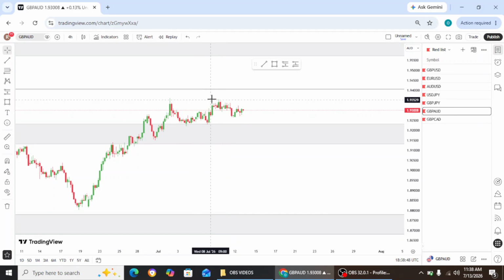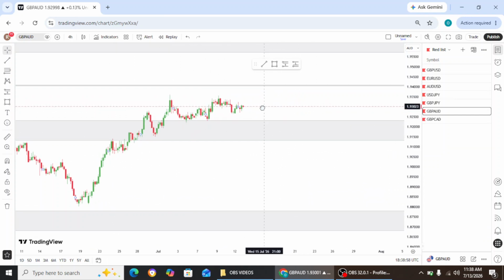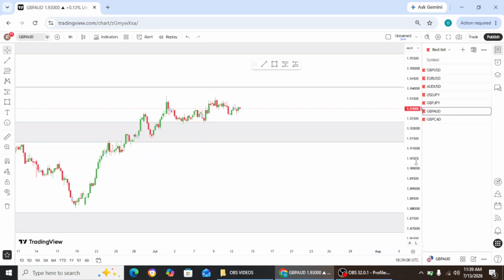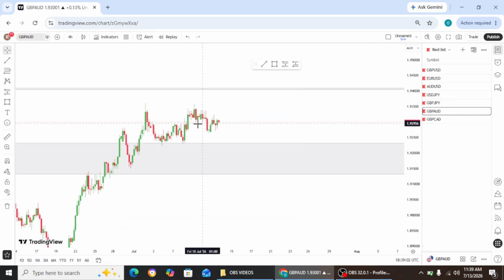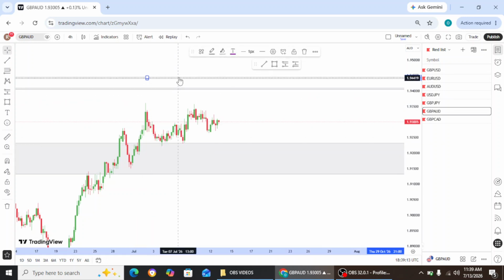So what should I be doing? I should be expecting the market to do a C pattern, a cup pattern to the downside, something like this. I'll wait for this level to be taken out before I can comfortably take a sell trade.